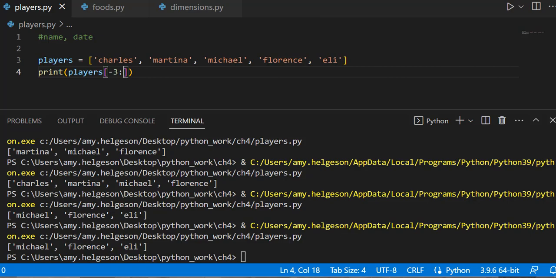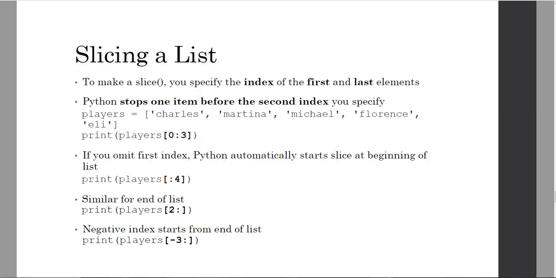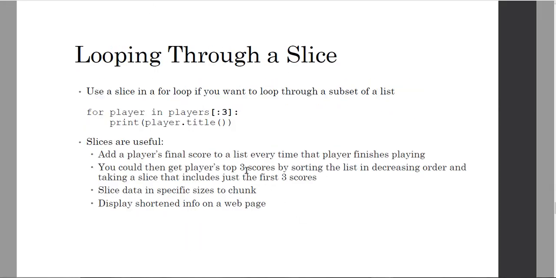So next we can go ahead and combine this with looping. So, looping through a slice. We just add it on after our list name. So in this case, we're going to go to 0, and we're going to stop one position before 3. So 0, 1, and 2. So let's go ahead and add this to our example.